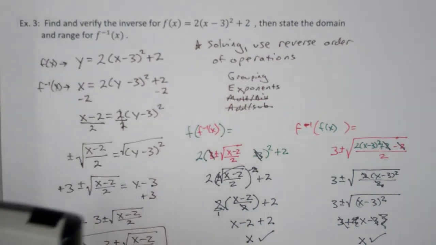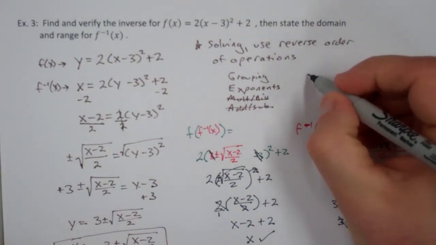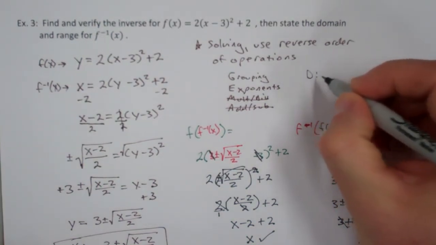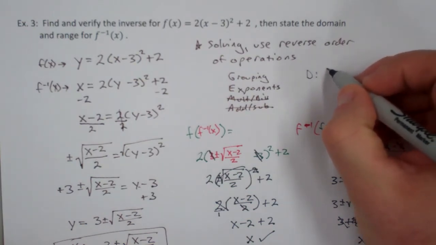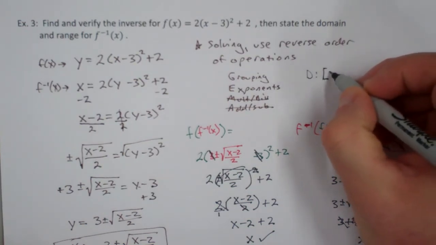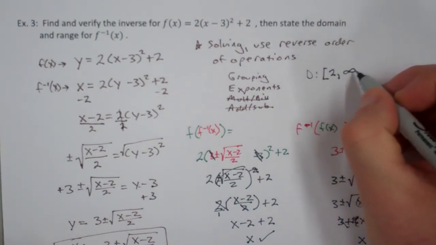Okay. So what we can do to state the domain and range here, we'll do that up in the upper right hand side. A lot of work for this one. So the domain is going to be all x values from 2 all the way to infinity.